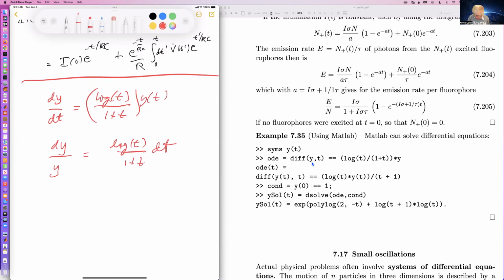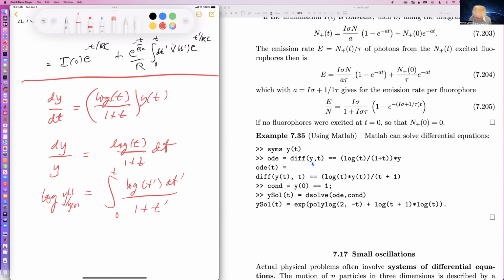We can now integrate. We get log y is equal to this integral, but I don't know how to do that integral. The integral of log t prime dt prime over 1 plus t prime from 0 to t, say, is log of y of t over y of 0.